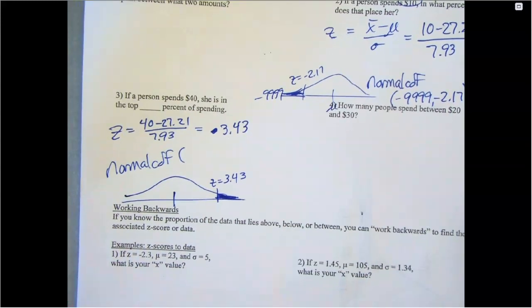This one's not asking percentile, it's asking top percent. Those are opposites. Like if you're in the 95th percentile, then you're in the top 5%. Does that make sense?